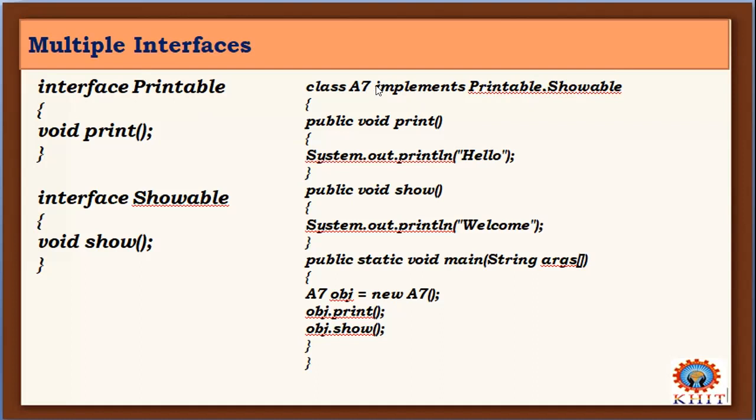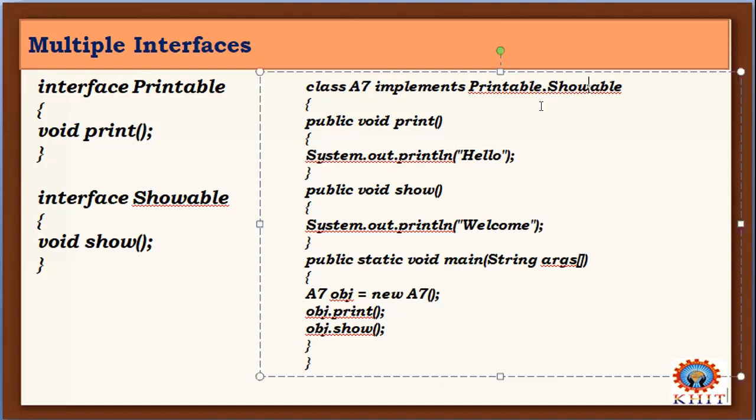We write the keyword implements between the class and the interface. Here you have two interfaces, so they are separated by commas: Printable, comma, Showable.